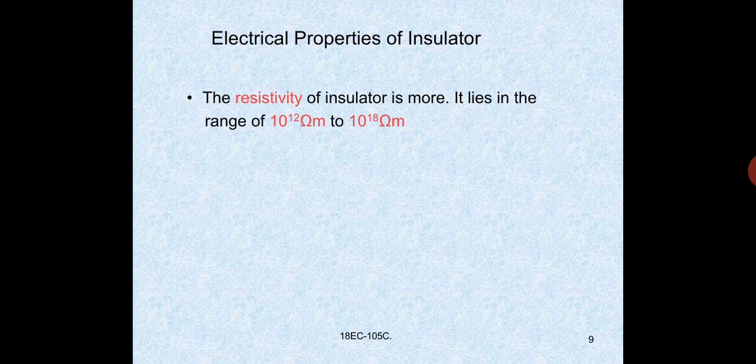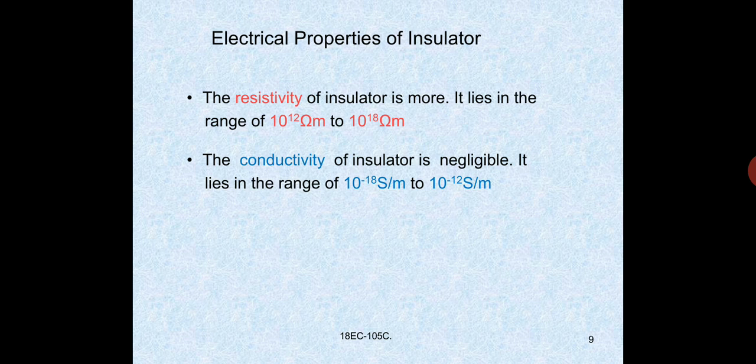Now let us see the electrical properties of the insulators. The resistivity of the insulator is more. It lies in the range of 10 to the power of 12 ohm-meter to 10 to the power of 18 ohm-meter. You can say that is a very high value, and hence the conductivity is negligible.